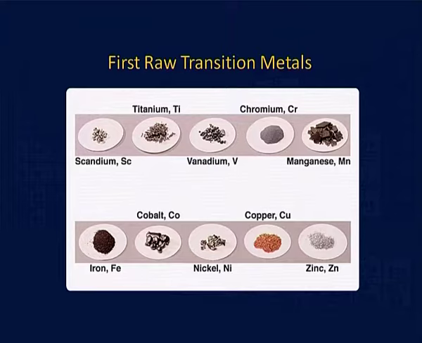This picture gives you a feel of the native metals. In the laboratory you might have seen various compounds of transition elements, but you might not have seen the native state of transition elements. So, this figure represents the first-row transition metals in their native states.